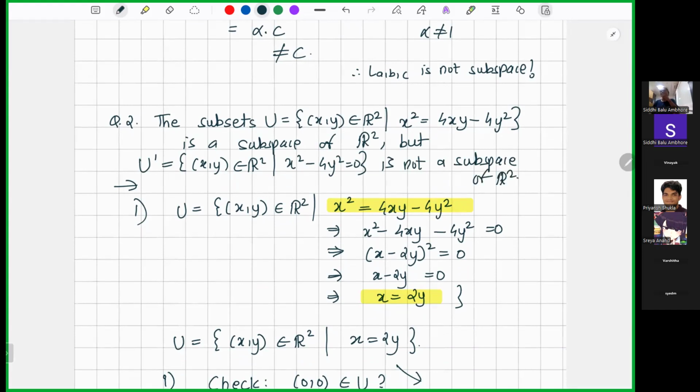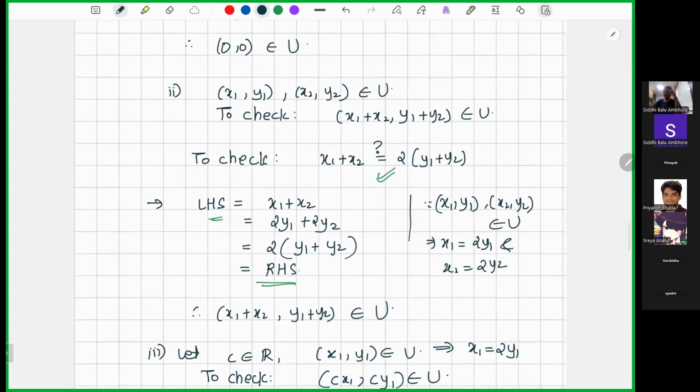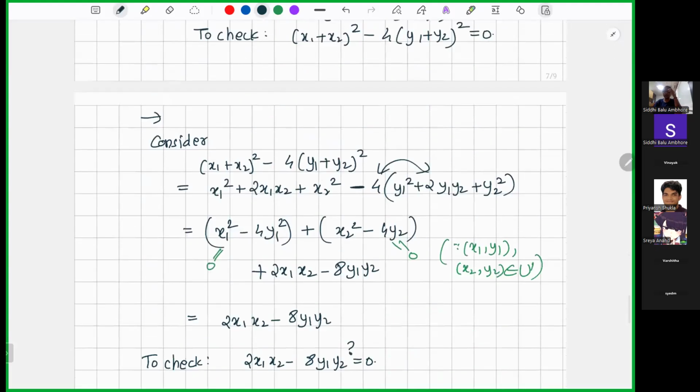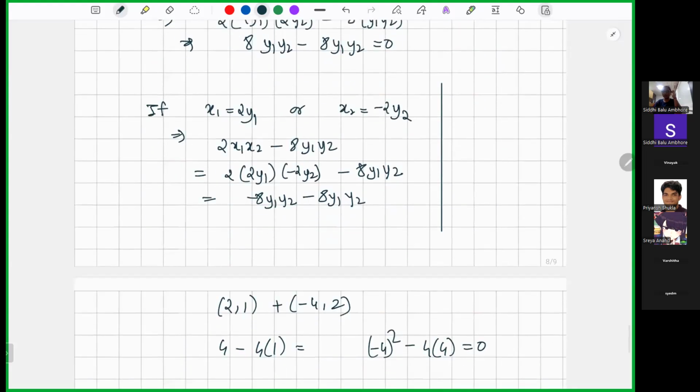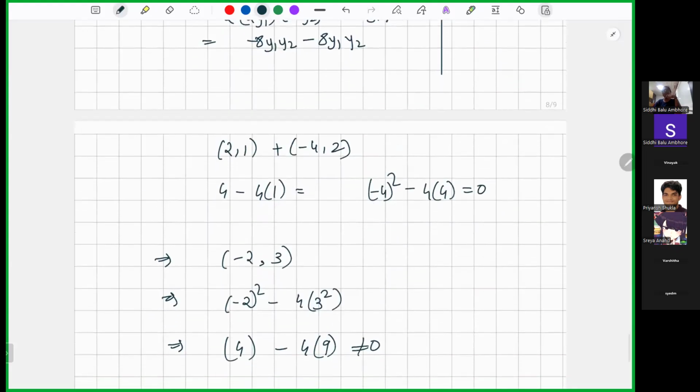I hope this is clear. So there is an error in the question set. Understand this, U dash is not a subspace. We just have a counter example. We just chose 2 points from the set and it does not satisfy the given condition. I hope you understood this.